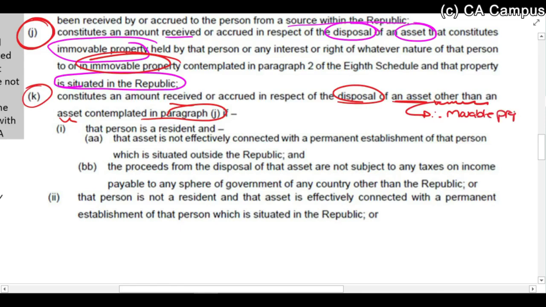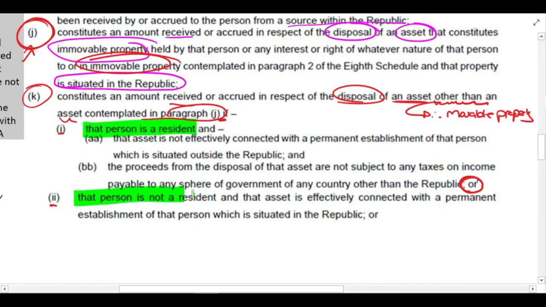So they say it's not the same property we talk about in J. J talks about immovable, so it must be the opposite. Right, so they say it constitutes an amount for the disposal of an asset if two situations, 1 or 2, and again I want you to see there's an or here, so either 1 or 2 apply. 1, that person is a resident. 2, that person is not a resident.